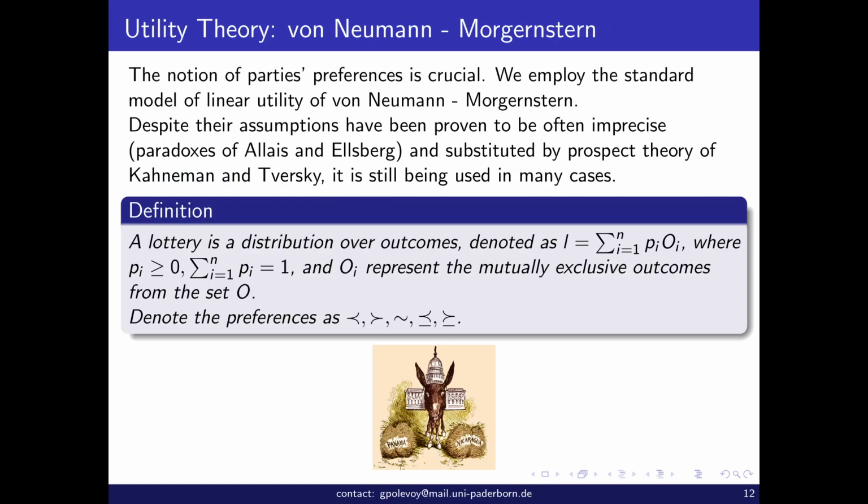And what we're going to do is mostly using the linear utility or the expected utility theory of von Neumann and Morgenstern. So those guys also set the basic utility theory, which is known to be not exact as many works show. Definitely it has been improved, and it is being improved as we speak.